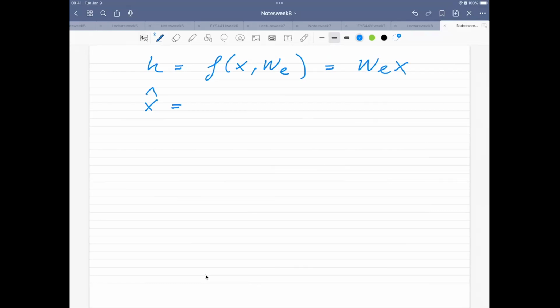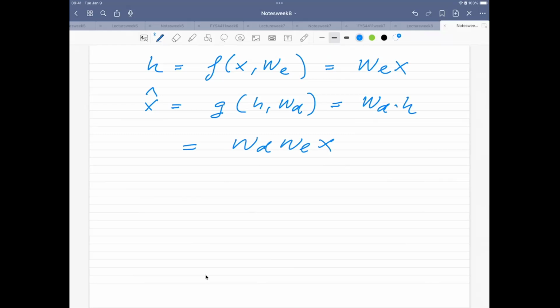Okay, so x now is given by this function g, which contains h and this W_D. And we are simply going to set that up as W_D times h, which means that now we have W_D, W_E times x. So it's linear in the two unknown sets of parameters. This is what we mean by linear.